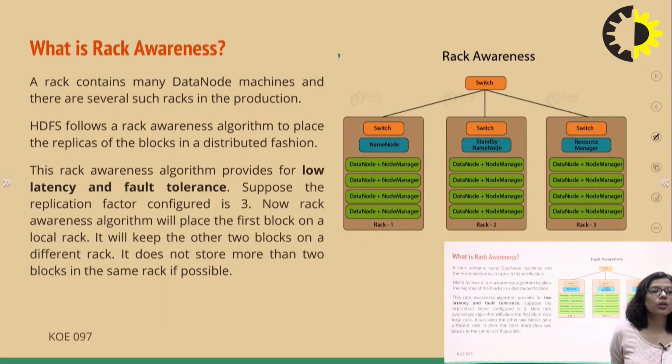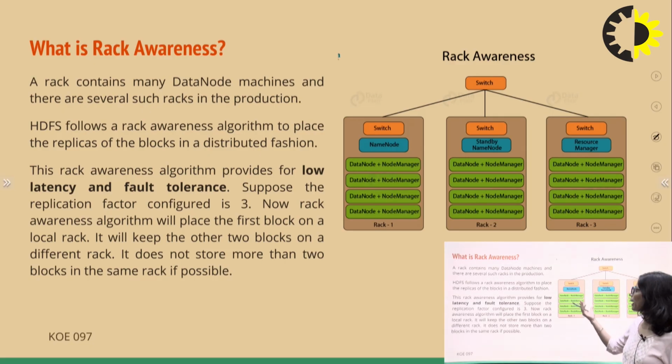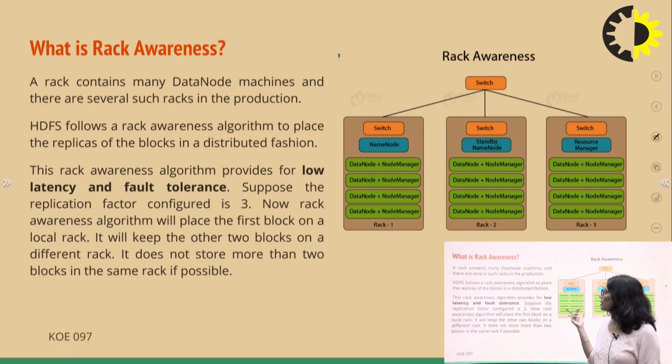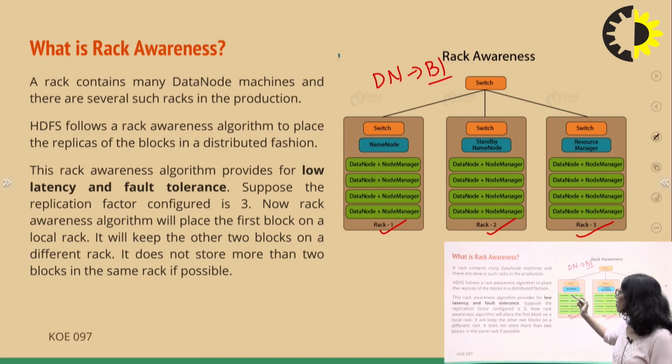Now the next topic is rack awareness. When we are replicating the data, we are putting it into different data nodes, and these data nodes are stored in racks. Like these data nodes are kept in rack 1, these in rack 2, and these in rack 3. Now suppose I have a data node which has a block B1, and my replication factor is 3.